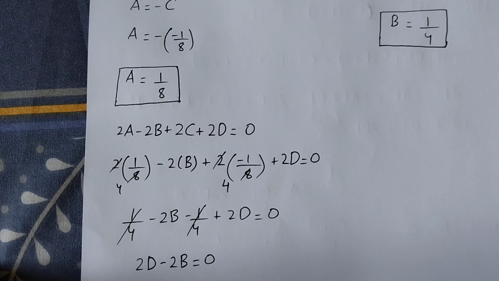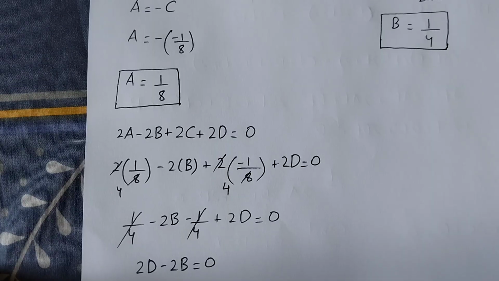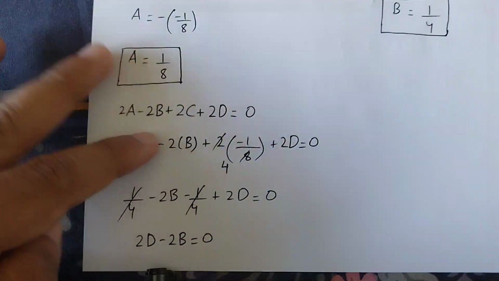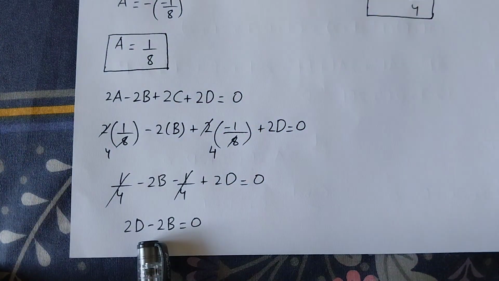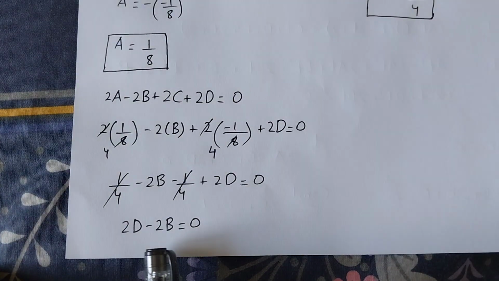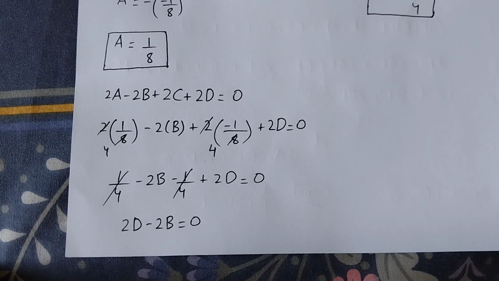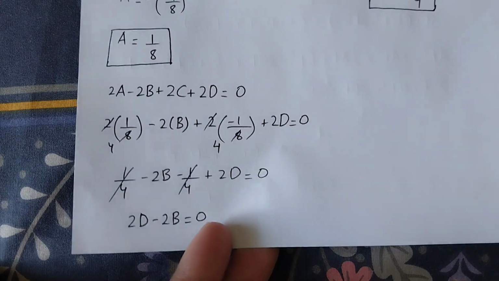And we have an equation in terms of d and b, and that equation is 2d plus 2b equal to 1. Along with this equation, we can solve those two equations to get the values of b and d.